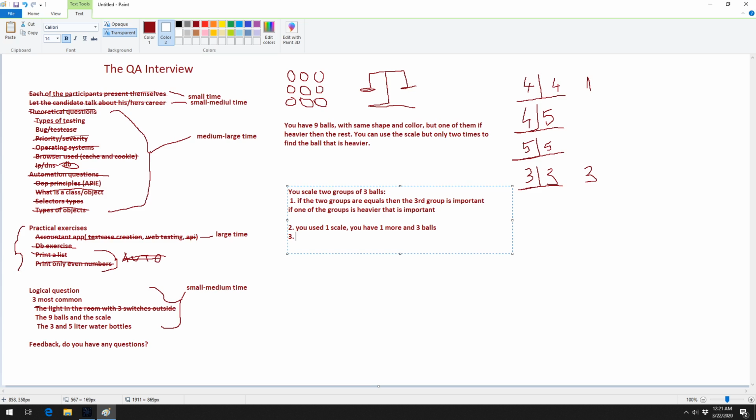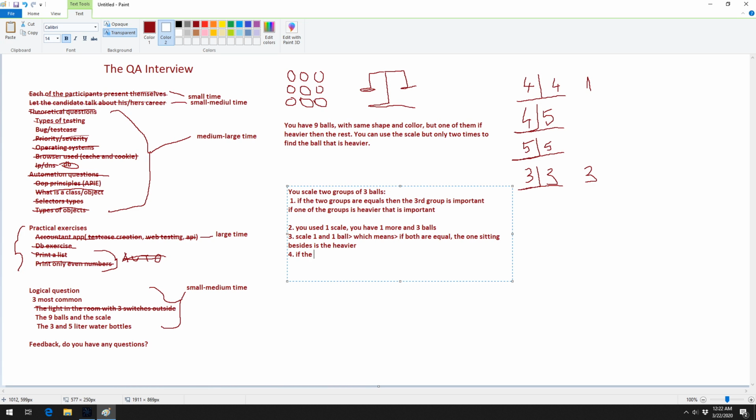Step number 3, scale 1 and 1 ball, which means, I think most of you already got it. If both are equal, the one sitting besides is the heavier.